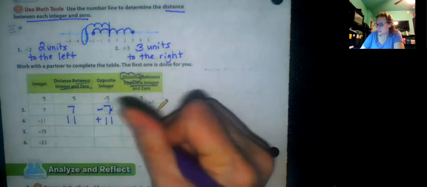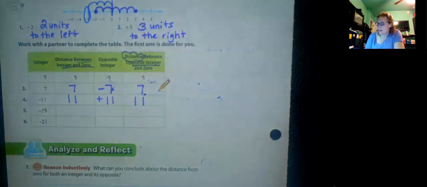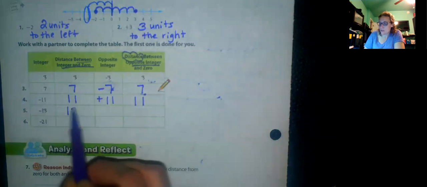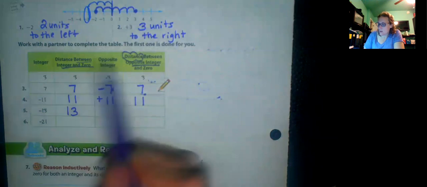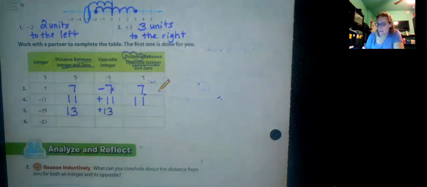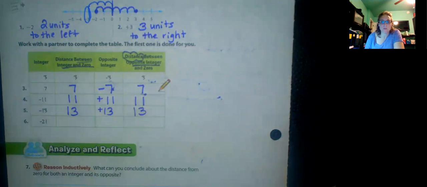And the distance is still 11, just to the right. Okay, let's look at number 5, -13. From 0 to -13, we go 13 units to the left. The opposite of -13 is +13. And the distance from +13 to 0 is still 13, but to the right.